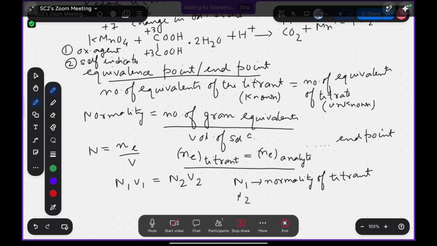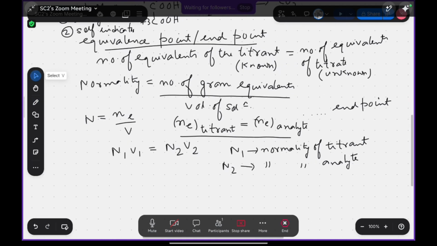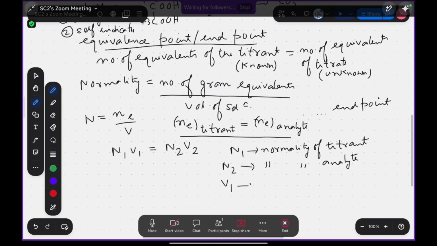N2 is the normality of the analyte. V1 is the volume of the titrant, the reading you get from the burette when you do the titration.